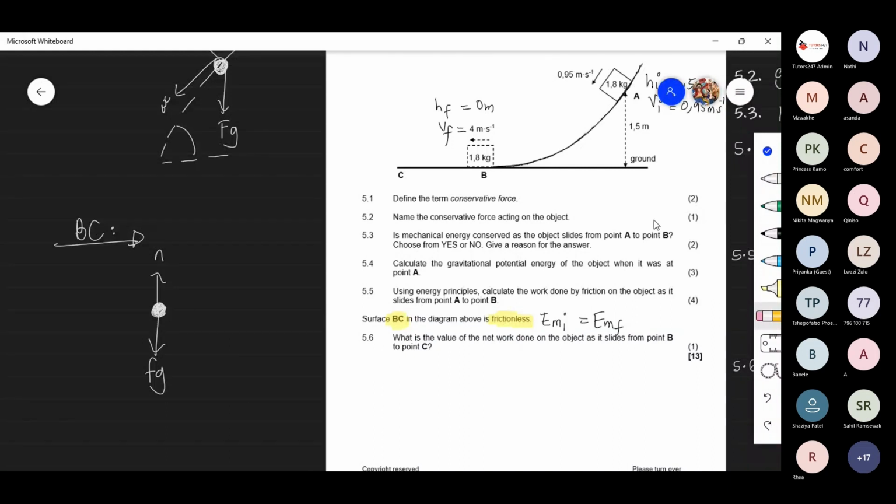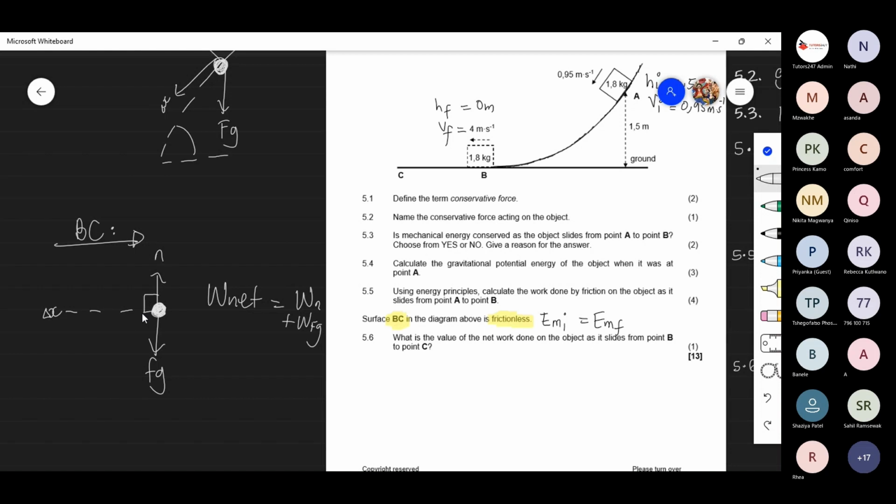So if we were to calculate work net, we would calculate the work done by normal force plus the work done by Fg. And we know that because displacement is moving from B to C, it's moving in the left direction, right?